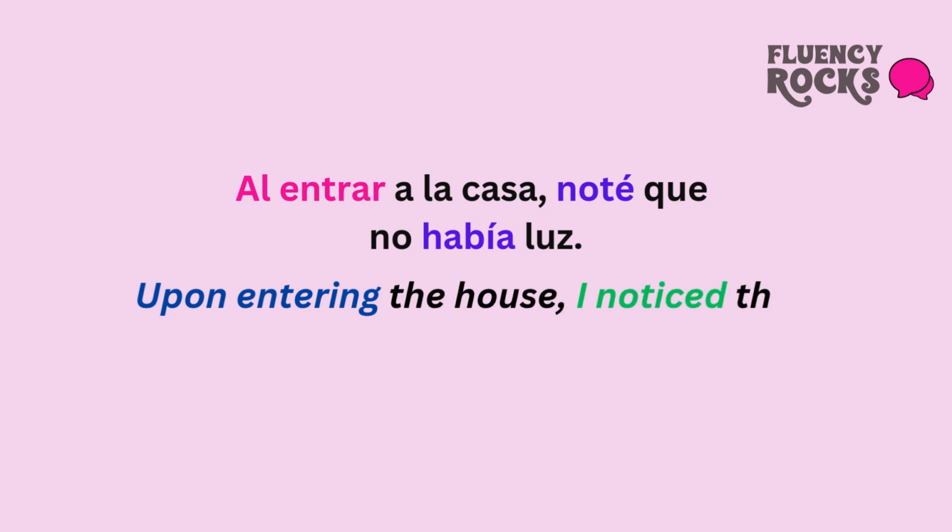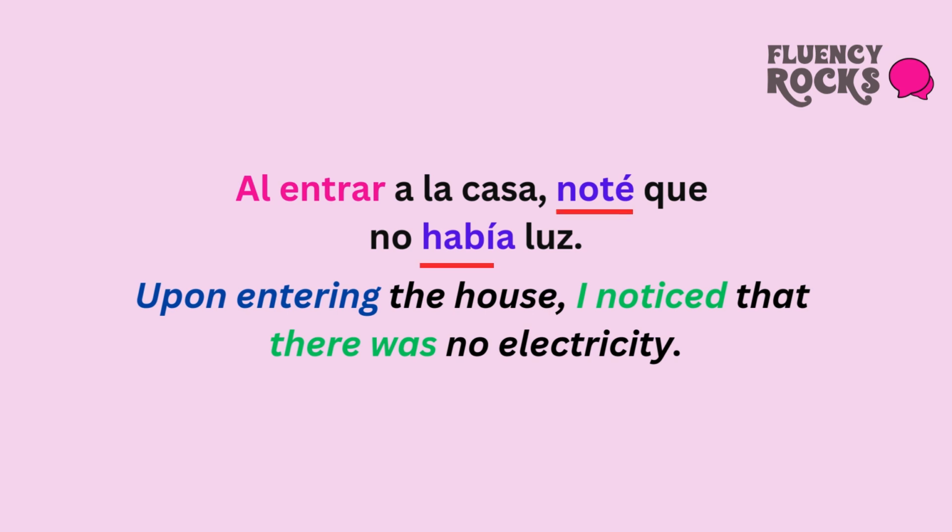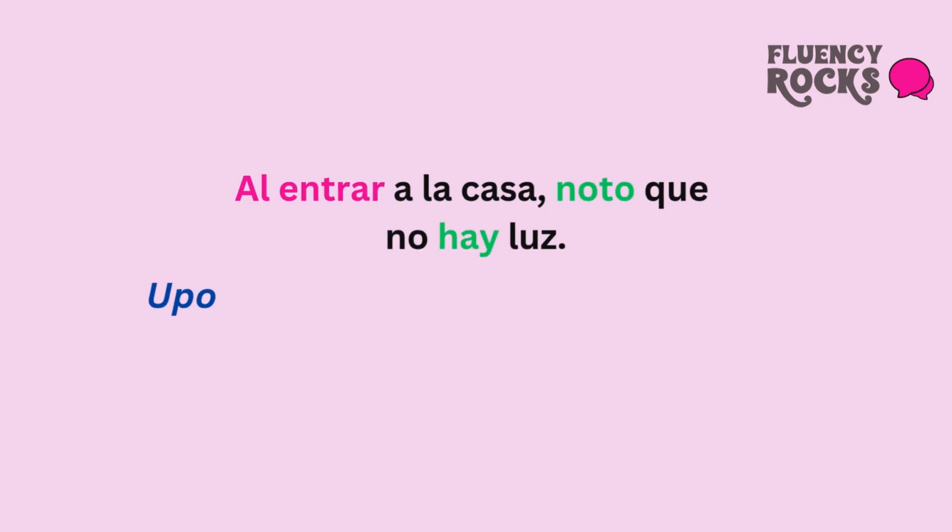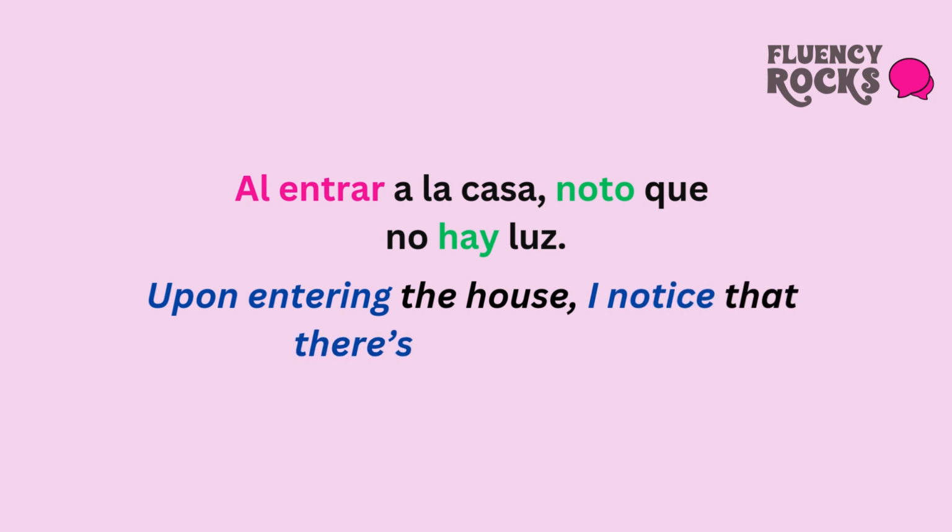Upon entering the house, I noticed that there was no electricity. As you can see, noté and había were conjugated in the past tense, but if we want, we can avoid that too. For example, al entrar a la casa, noto que no hay luz. Upon entering the house, I noticed that there's no electricity.